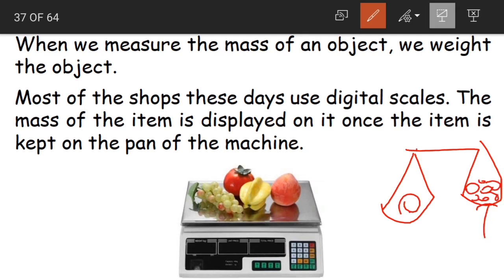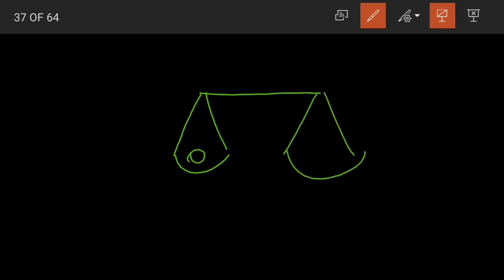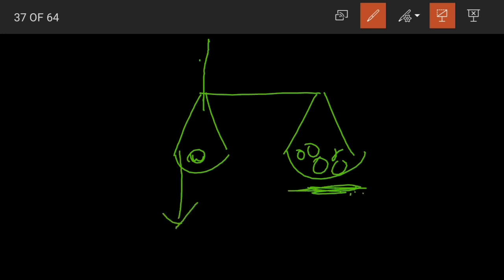Sometimes what happens is, see children, this is our balance, right? Now in this I have the weight and in this I have the objects. Sometimes this side, the side with the weight, goes up. That means the weight of the objects is more. And sometimes this side goes down.